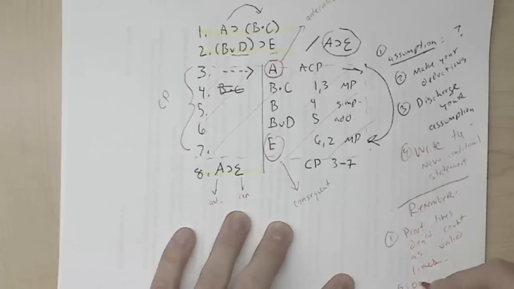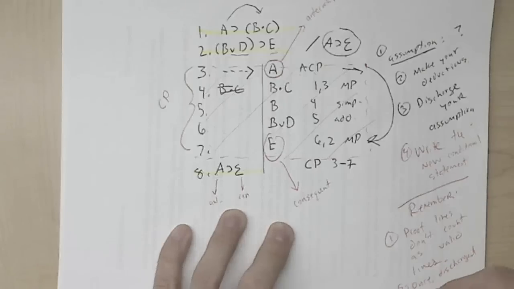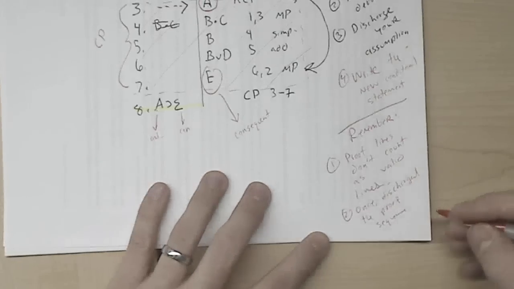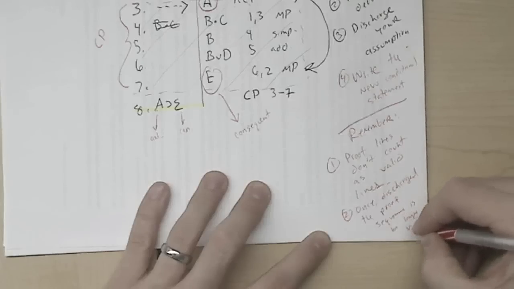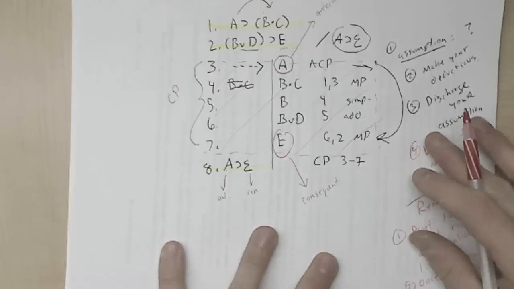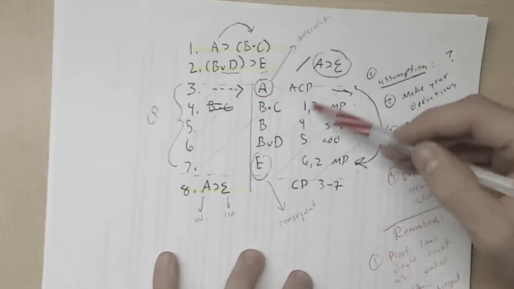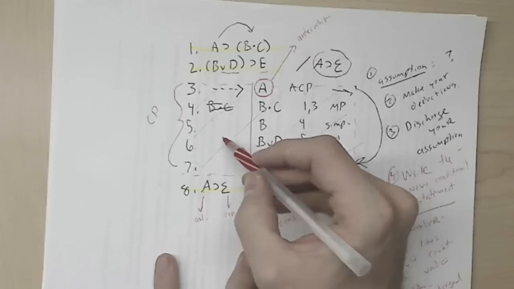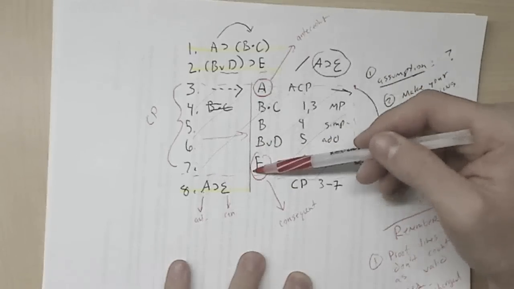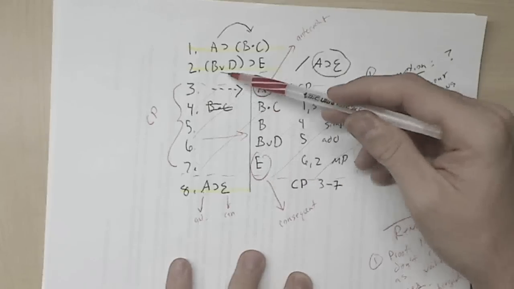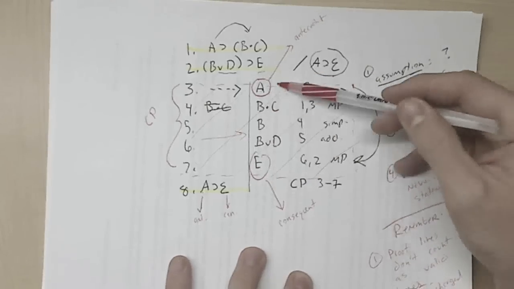And number two, once discharged, the proof sequence is no longer used. You probably can't see these because I realize I'm recording this on the video, but I want you to see how you've done this. This is why you always write your proof sequence off to the side with a line next to it, so that it's clear that none of these things here are going to count in terms of the argument.